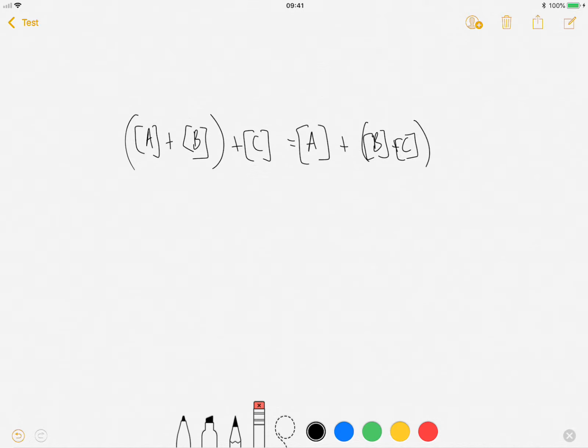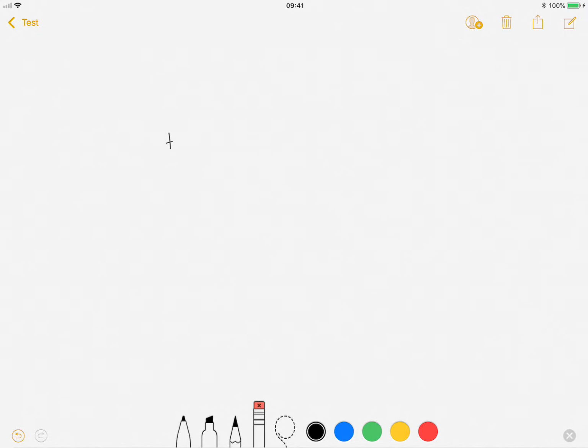Okay, now this leads us on to the next very important point, which is multiplication. So let's just clear this. Now, if we multiply a matrix by a scalar, we just multiply every element in that matrix by the scalar value. What's really important is how we multiply two matrices together. So if we multiply A by B, we obviously create a new matrix.